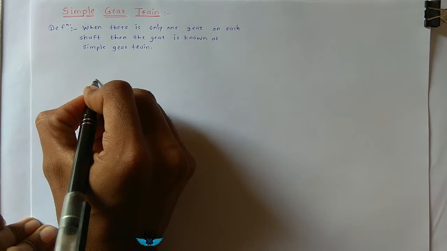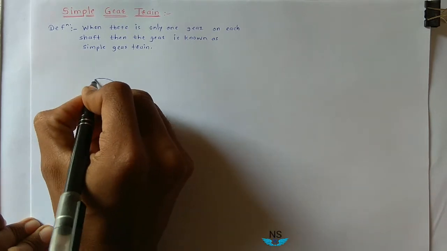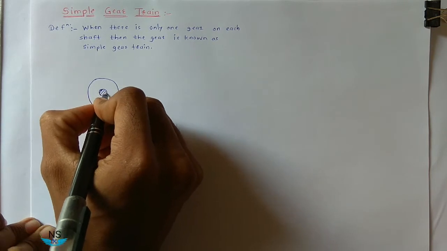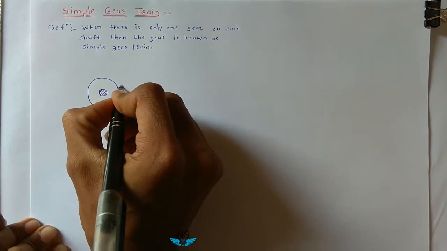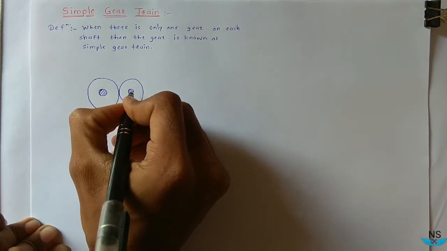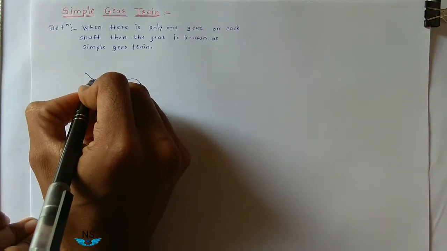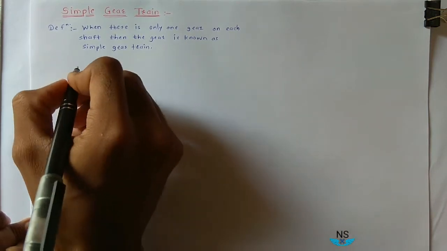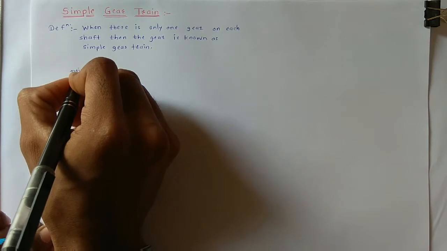So I'm drawing a diagram here. If this is gear 1 on this shaft, this is gear 2 on another shaft. If this gear drives this gear, then this gear is known as the driver.